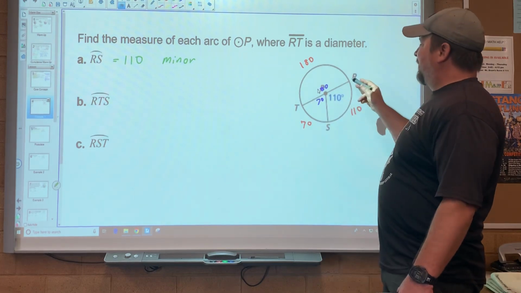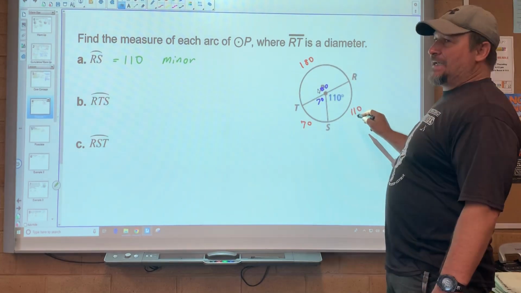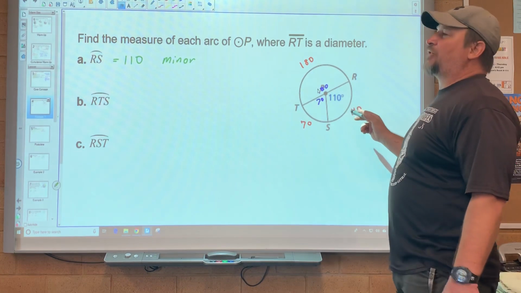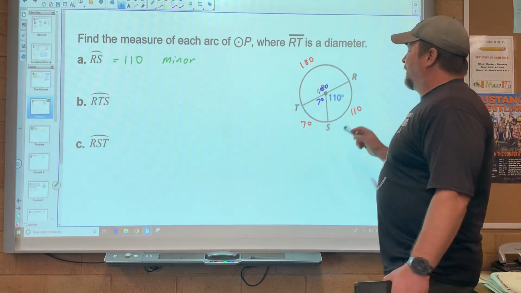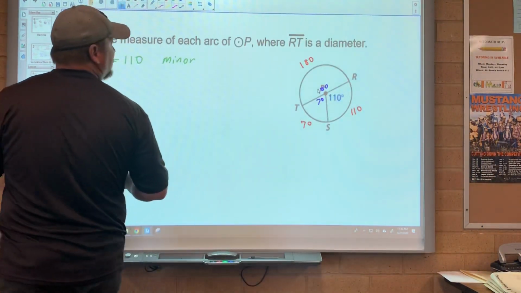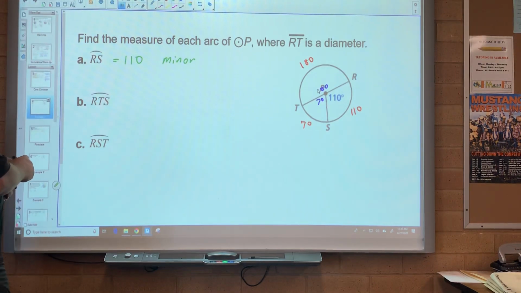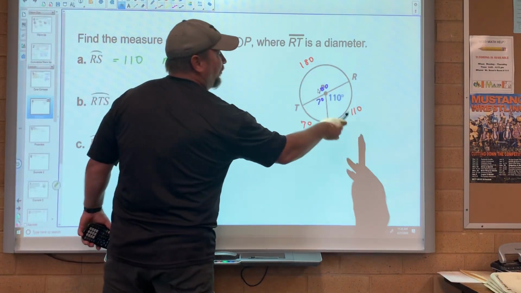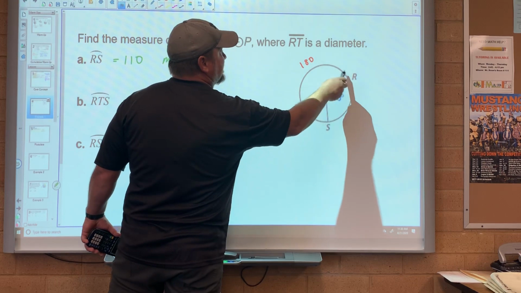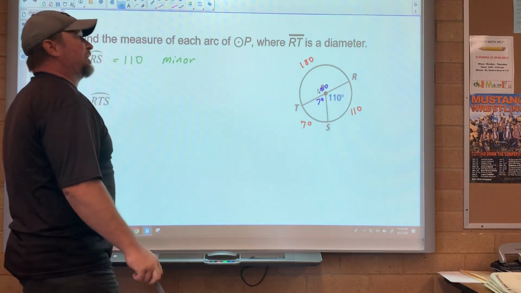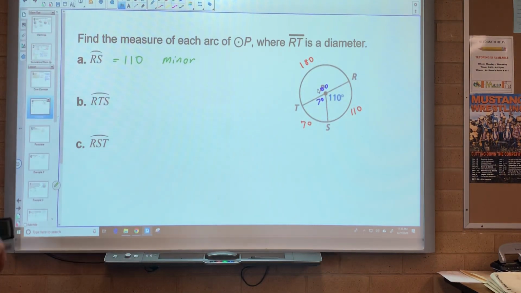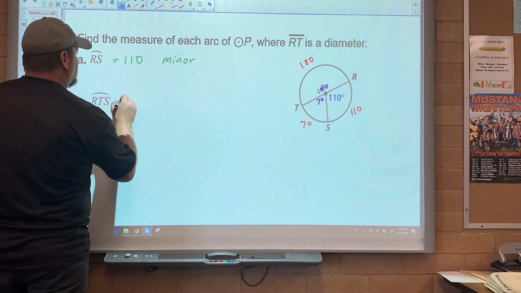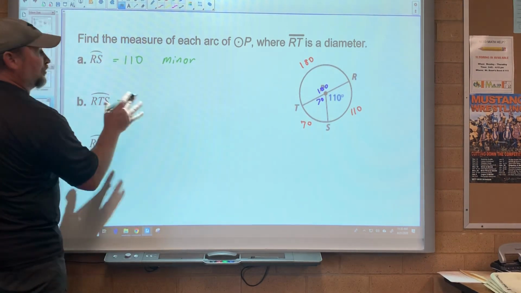Well, that's got to be all of it except for 110. So basically, I can say 360 minus 110. Or I can take 180 and add this 70 with it, which would be 250. Either way it works, okay? I'll do them both for you.